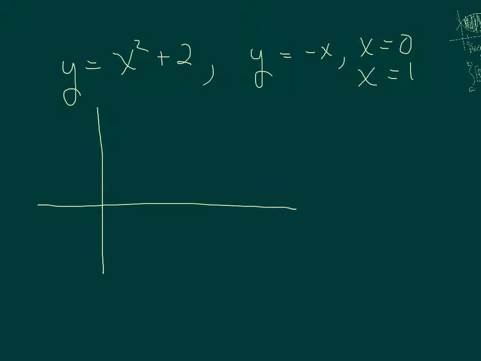If we graph y equals negative x, well, that's just a slope of negative 1, and it's just going to look like this. So there's y equals negative x. If I graph y equals x squared plus 2, well, that is just a parabola that's shifted up 2 units.